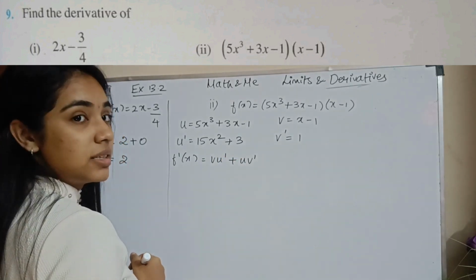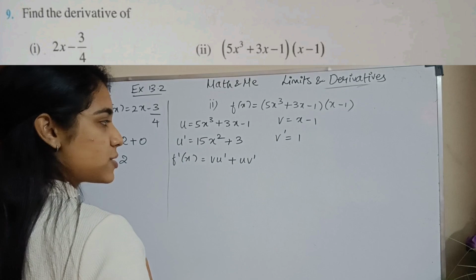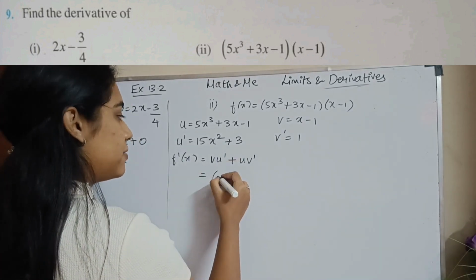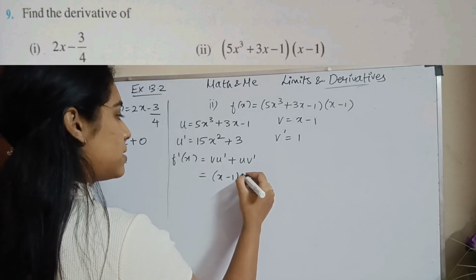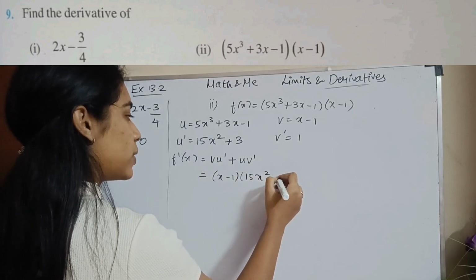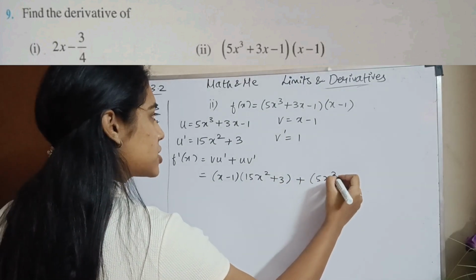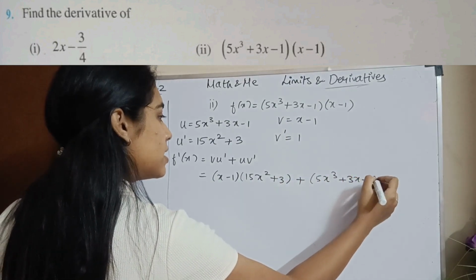So the formula: f dash of x is v u dash plus u v dash. In the quotient rule there is a minus, in the product rule you have a plus. So, when I substitute the values, I will have v, x minus 1, times u dash, 15x square plus 3, plus u v dash, which is 5x cube plus 3x minus 1.